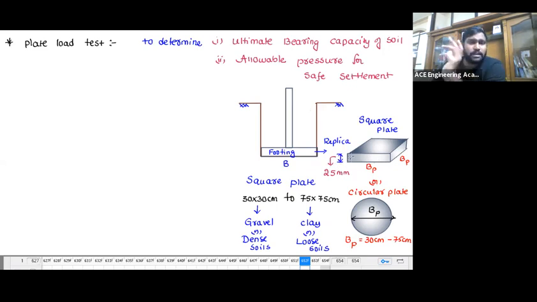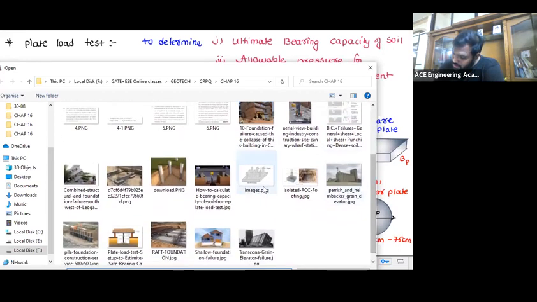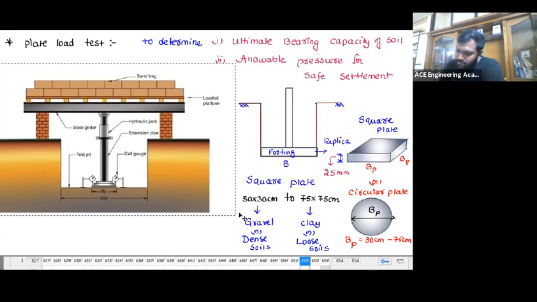Now, how is the test going to be done, sir? Let's see. First thing first, I am going to excavate a trench or a pit whose width is going to be 5 times the width of the plate. Please observe here.